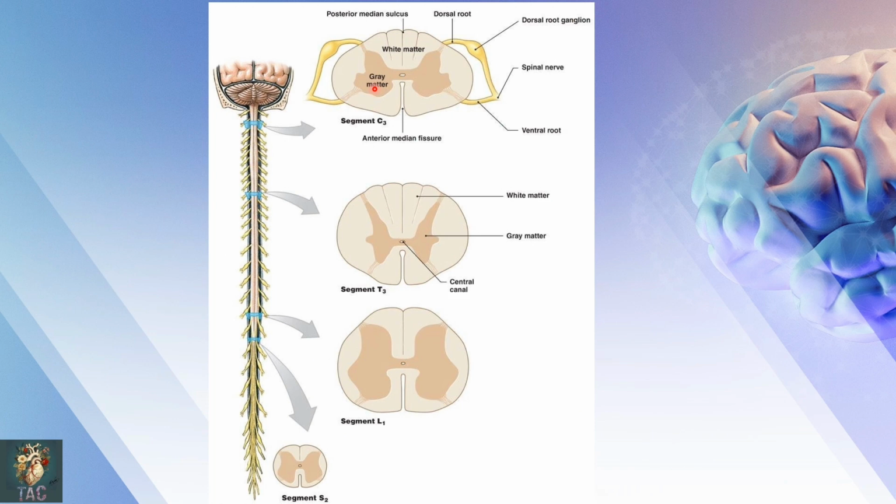Then look at this cross section taken at the level of segment T3, and here you can notice another horn, which is the lateral horn. This contains the neuronal cell bodies for the autonomic ganglia, basically the sympathetic ganglia. Their preganglionic nerve endings are over here, and their neuronal bodies are present over here.